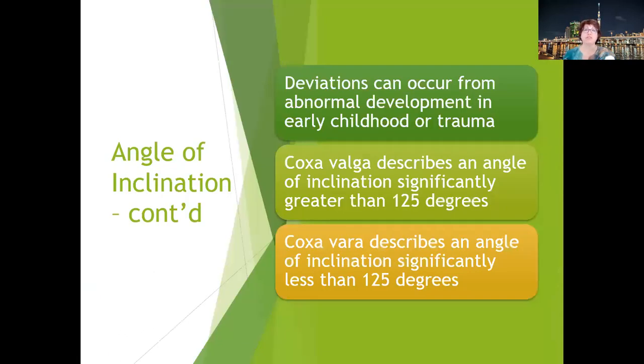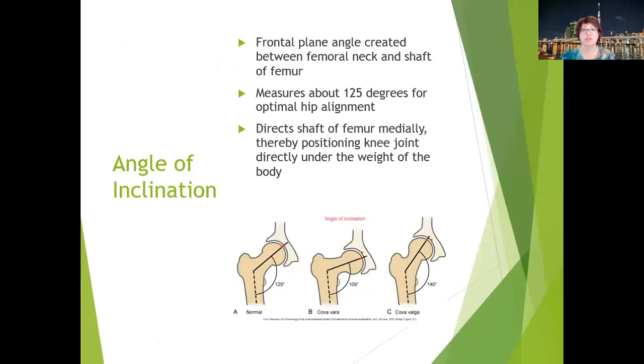So deviations from normal angle of inclination can occur from abnormal development in early childhood or trauma in early childhood. So coxa valga is an angle of inclination that is significantly greater than 125 degrees. So in the previous slide, it was showing it at 140 degrees.